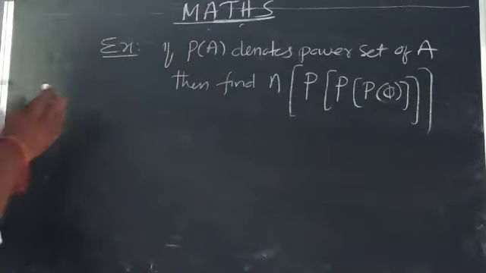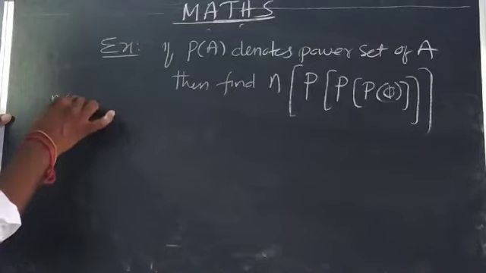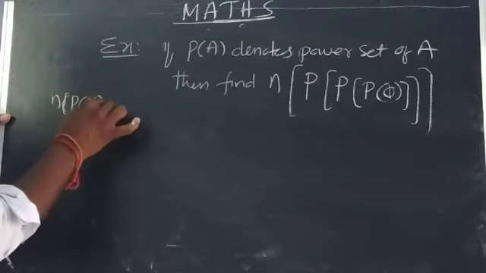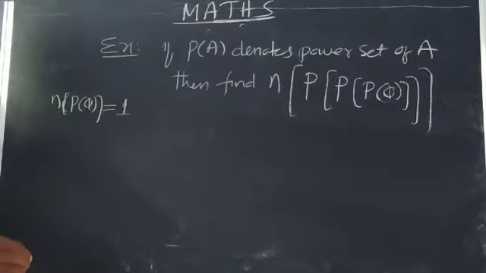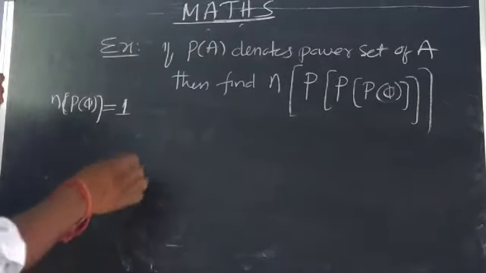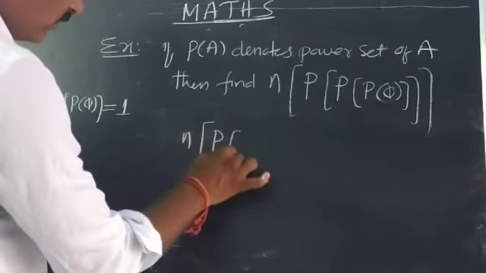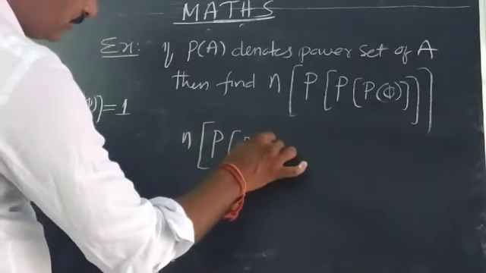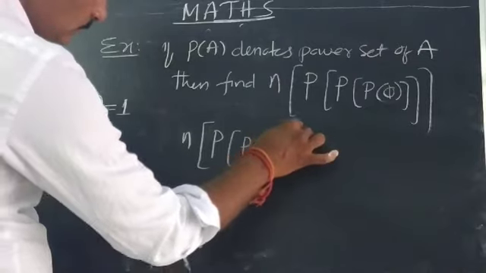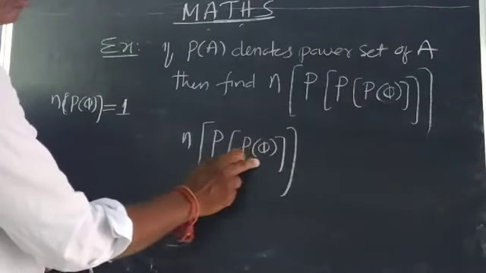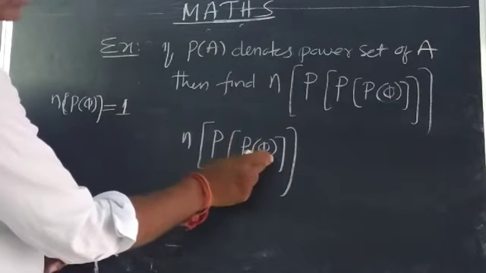See, here I got that the number of elements in the power set of phi is 1. Okay. Now again I am finding the number of elements in the power set of P of phi. Assume P of phi as a set.